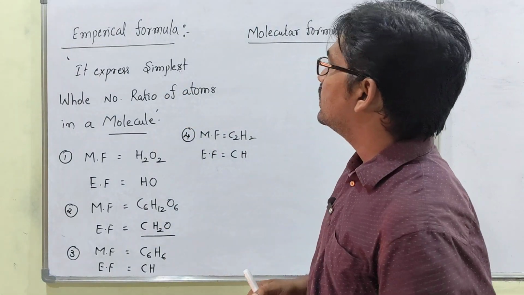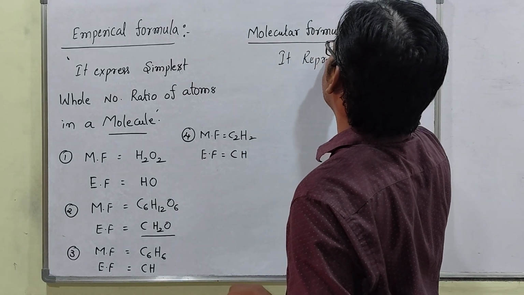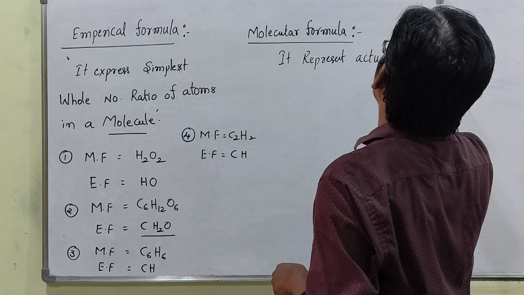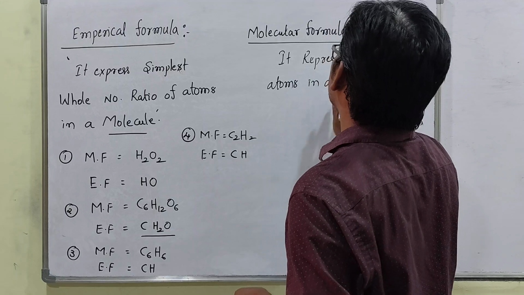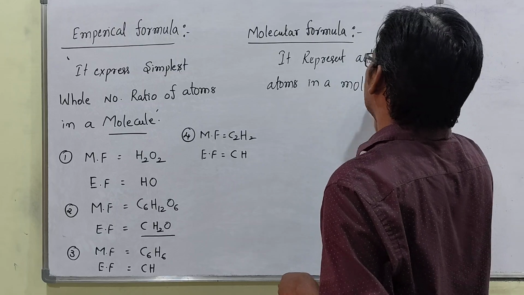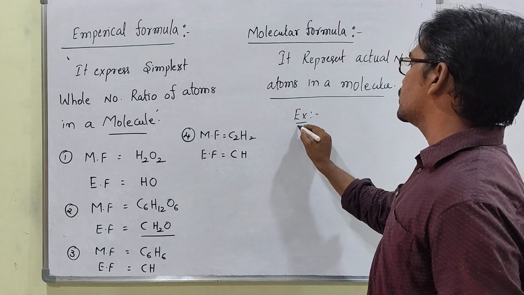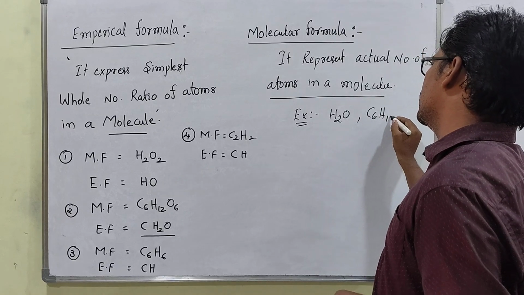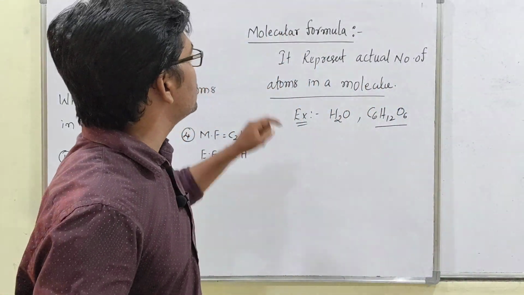Then what about the molecular formula? It represents the actual number of atoms in a molecule, all the atoms whatever are there. For example H2O, or glucose C6H12O6. The total number of atoms in a molecule is what we call the molecular formula.